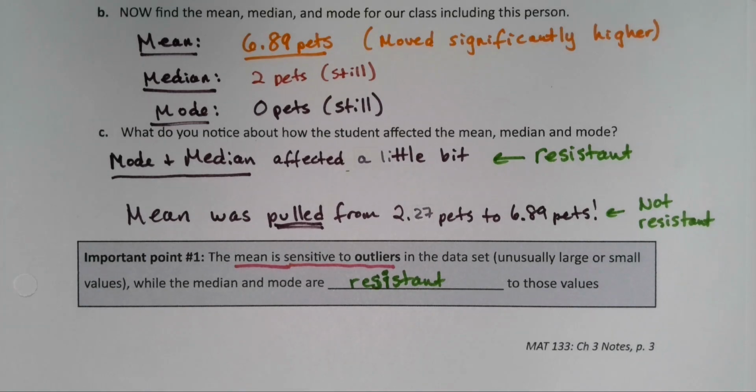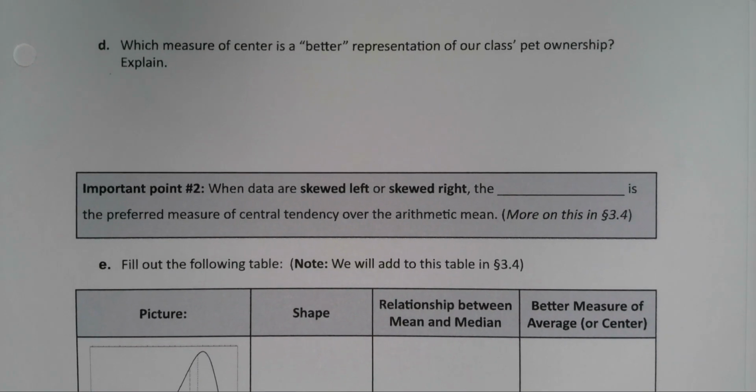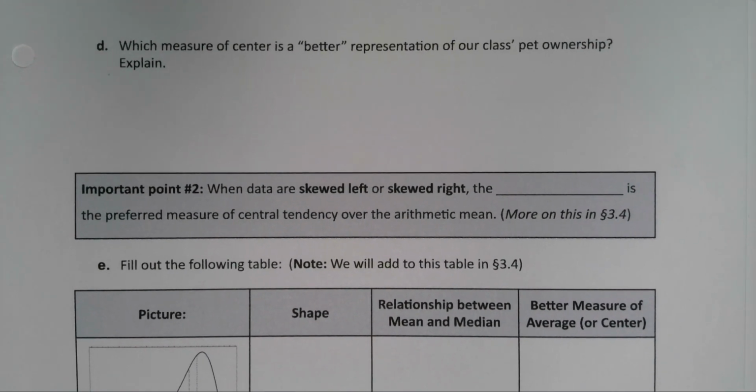So if that's the case, and a mean can get greatly pulled by an outlier, that affects what measure of center is a better representation for our class's pet ownership.